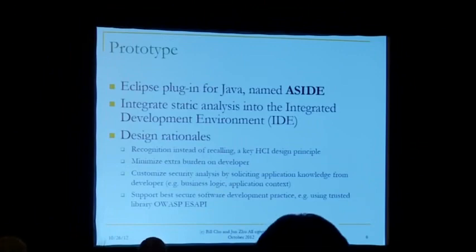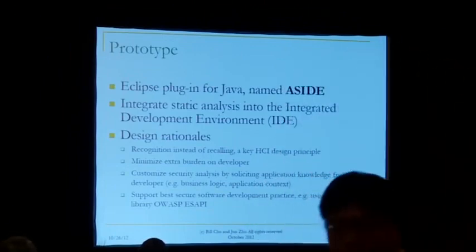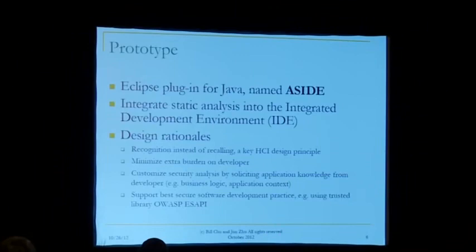We want developers to recognize instead of recall security problems. Instead of thinking, while writing code, about what problems I should prevent, we want the tool to tell developers, hey, you want to think about that. We want to minimize extra burden on developers, and we also want to leverage developers' knowledge for customized security analysis.